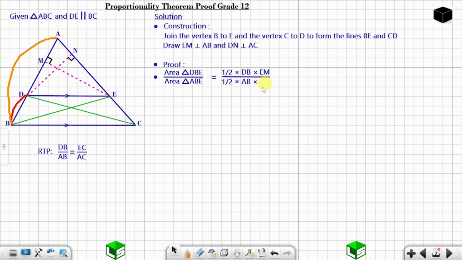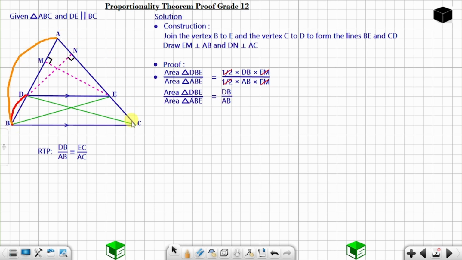The height is EM, because EM is perpendicular to AB. So you cancel a half and a half, you cancel EM and EM, and now you have DB over AB. We are done on this side.